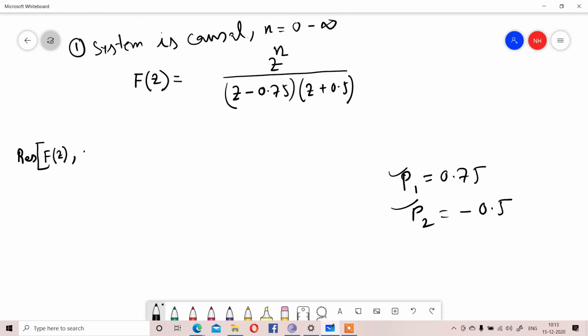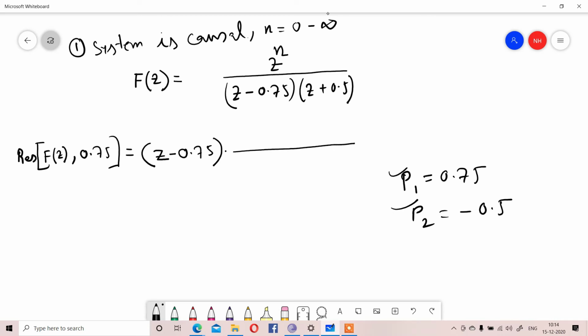Suppose for the first pole 0.75, you will calculate the residue of fz at 0.75, and you can check that for the first pole the power is 1, so you don't need to consider the whole formula. Just z minus pk, that is z minus 0.75, multiplied by fz.